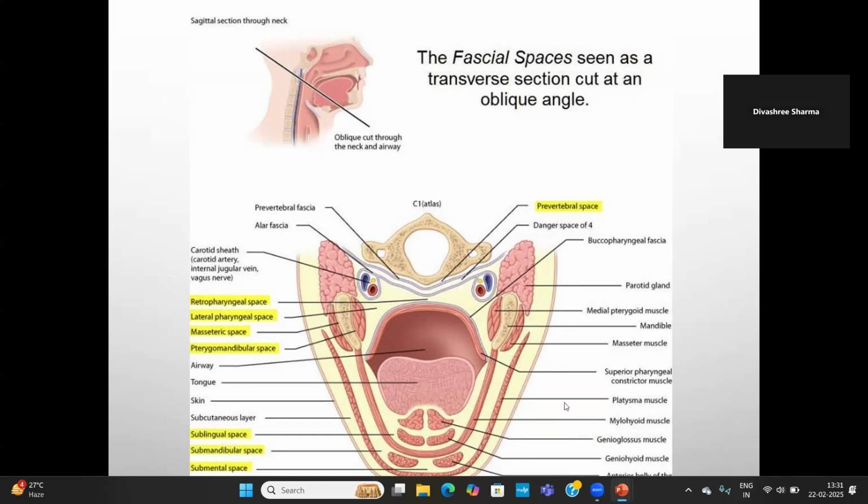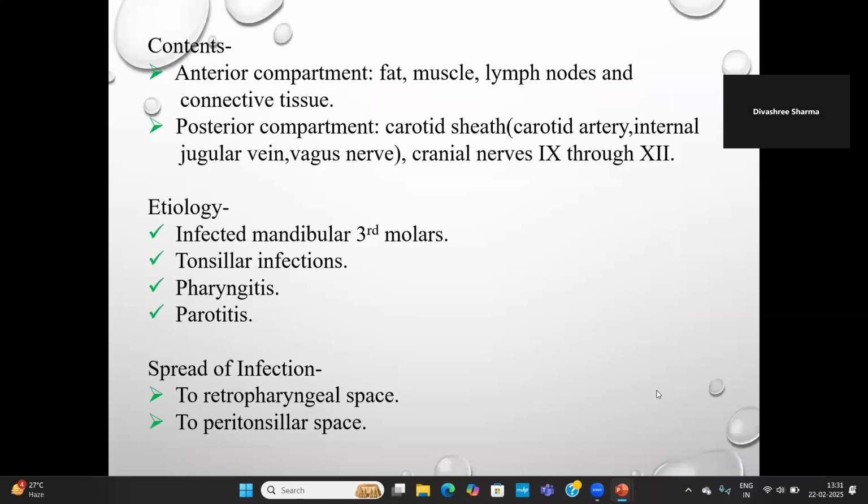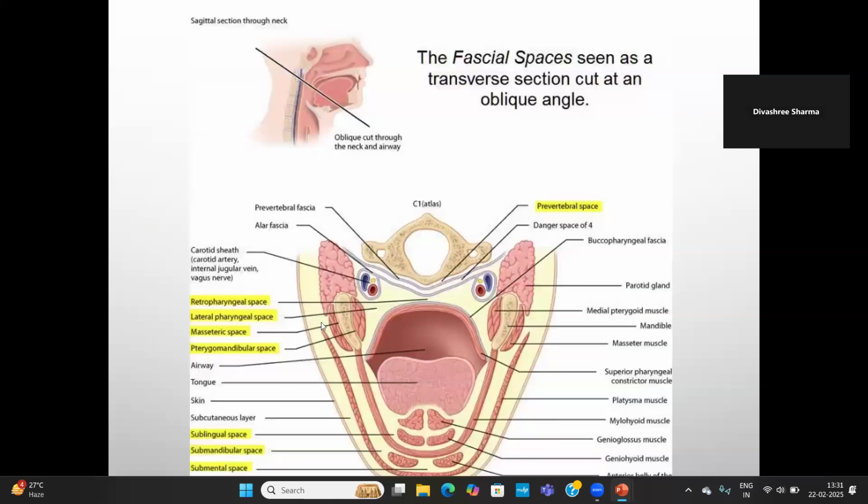I'll quickly revise the anatomy again. This is a transverse section. This is the platysma muscle that we were discussing. These are the two sections of the mandibular ramus.